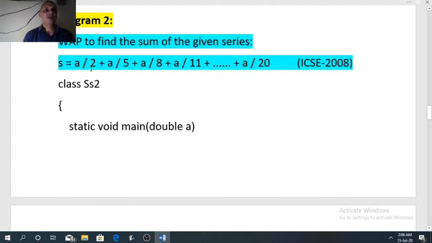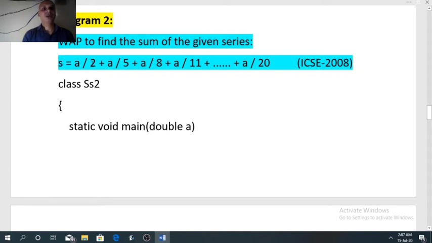Now see the denominator starting with 2, next term is 5, then 8, then 11, and last term is 20. So every term of this series we get by adding 3 in the previous term, starting with 2. 2 plus 3 we will get 5, 5 plus 3 is 8, 8 plus 3 is 11, like this it will go up to 20.